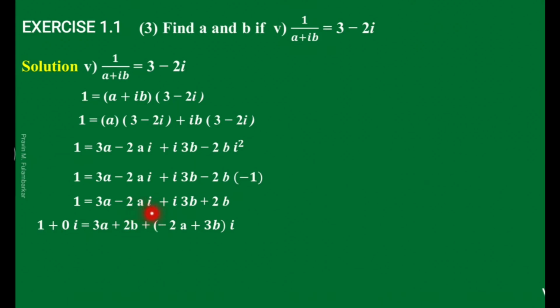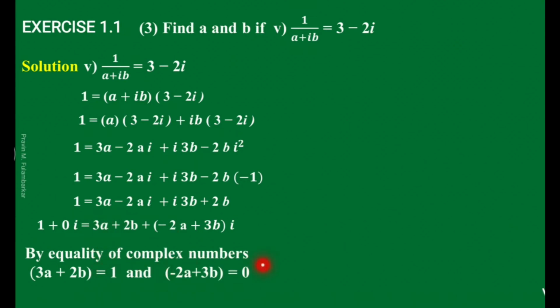We take minus i common from this second and third term. So we write here minus twice a plus 3b. Now by equality of complex numbers, we write this 3a plus 2b equals to 1 and minus 2a plus 3b equals to 0.